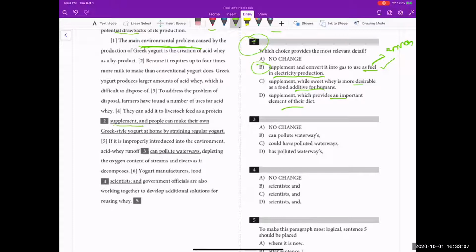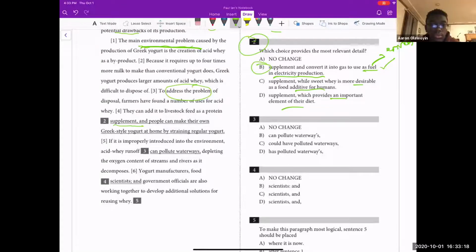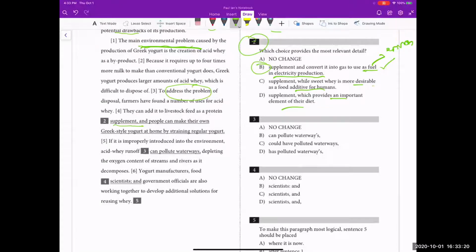And this one is like people can make their own Greek yogurt at home by straining regular yogurt, but it's not addressing this issue, right? This one isn't addressing the issue in the previous sentence, and this is just another thing out of nowhere. So it's not this one, it's not this one, and this one is not good either because it's talking about something else that's not part of addressing the problem. So it has to be this guy.